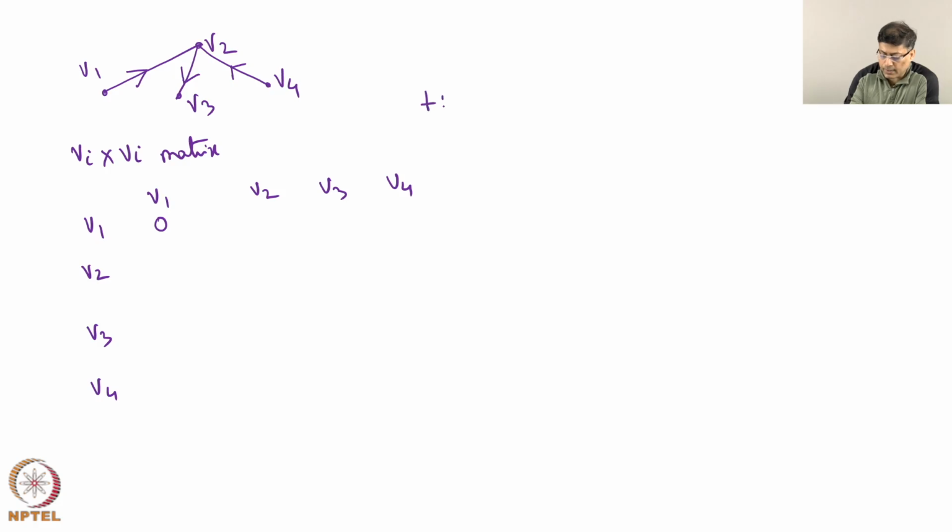Here we will use +1, 0 and -1. 0 use is obvious when they are not connected. These two +1 and -1 I am going to explain.